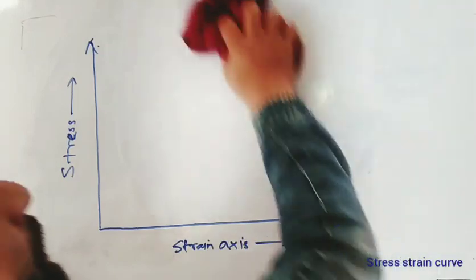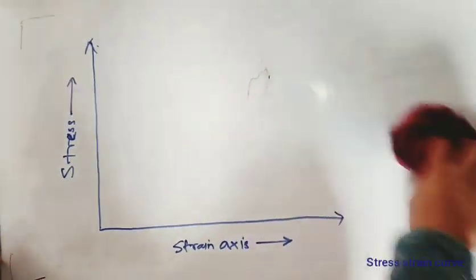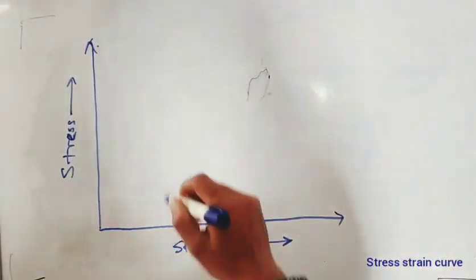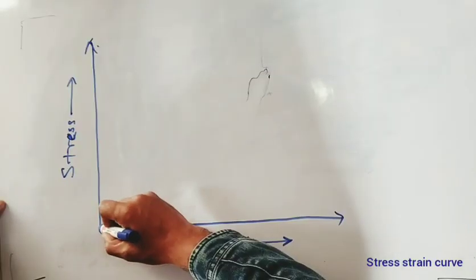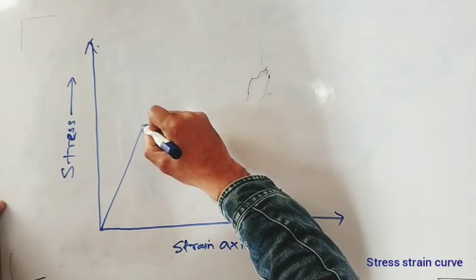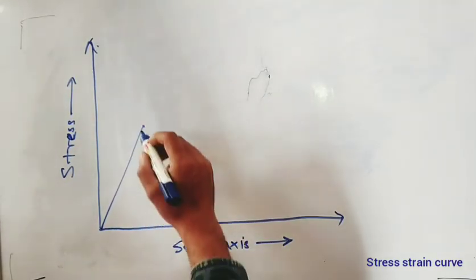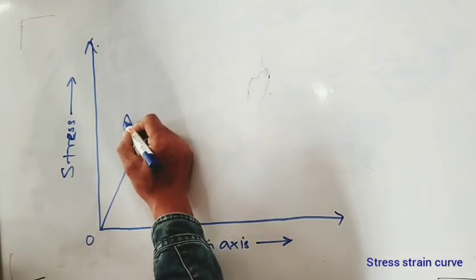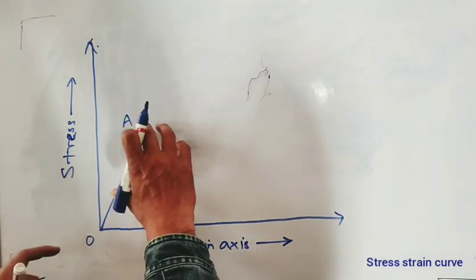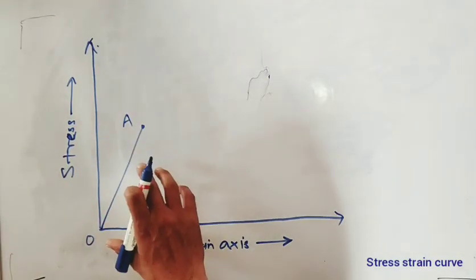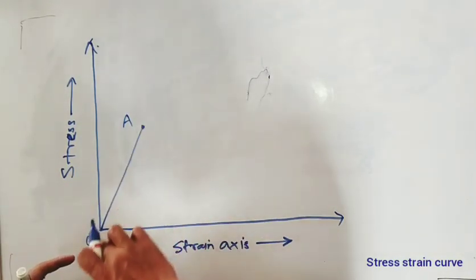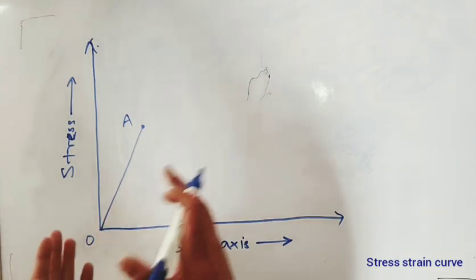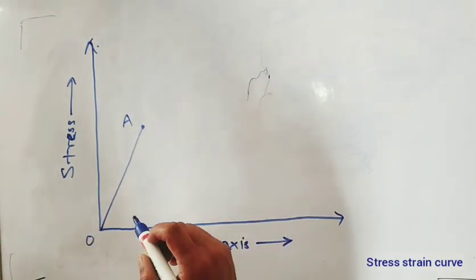When we plot the stress strain curve of mild steel, we get a straight line initially up to this point. Let this point be O, and let this point be A. This point is the proportionality limit. Up to this point, stress and strain are linearly proportional to each other.